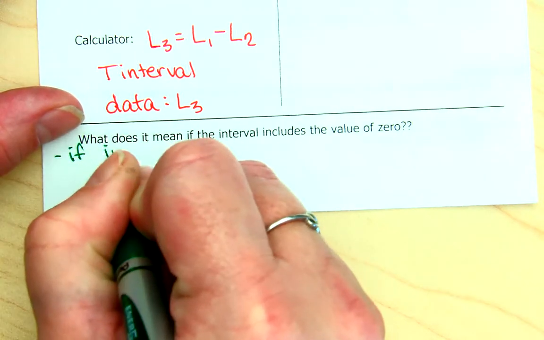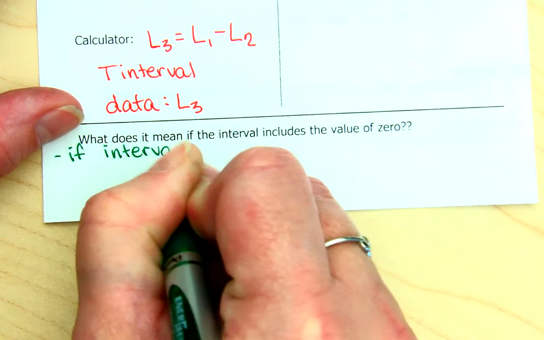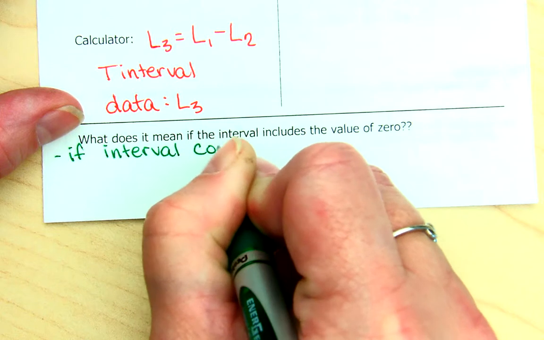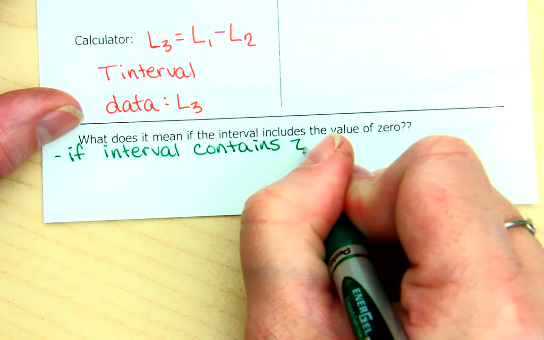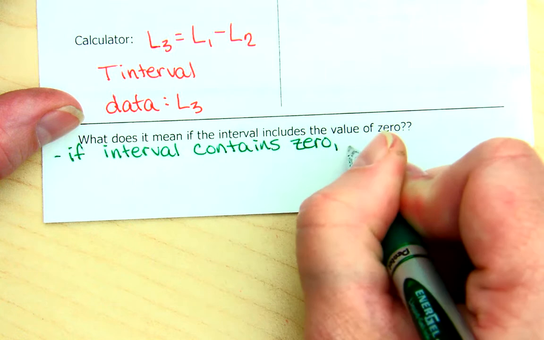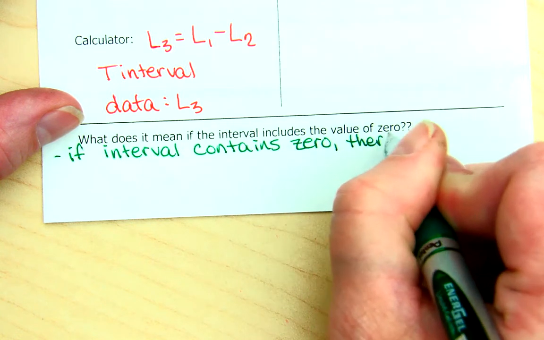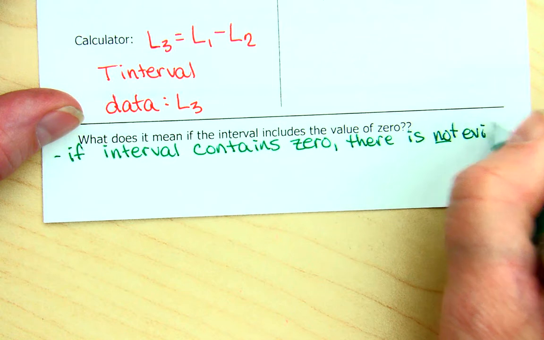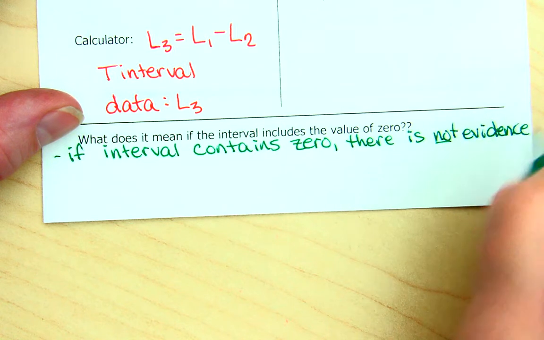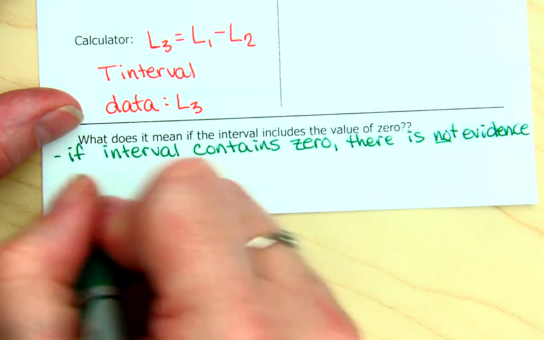If the interval contains 0, there is not evidence of a statistical difference in the samples.